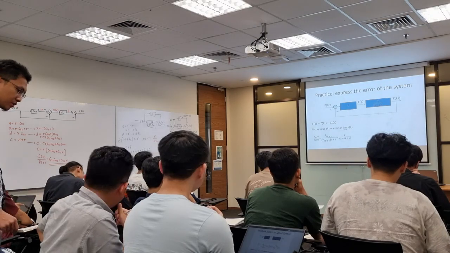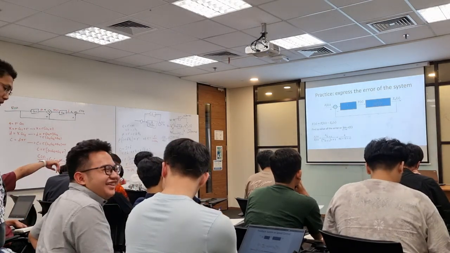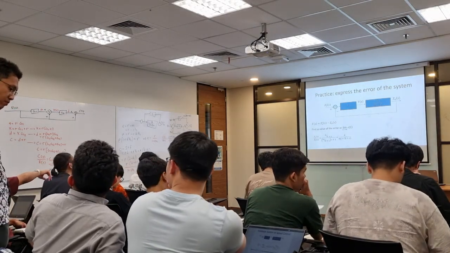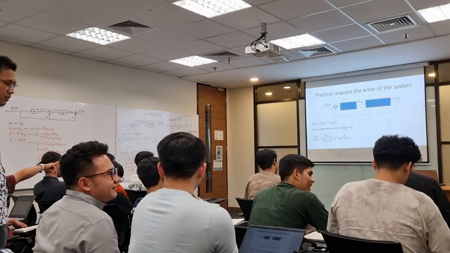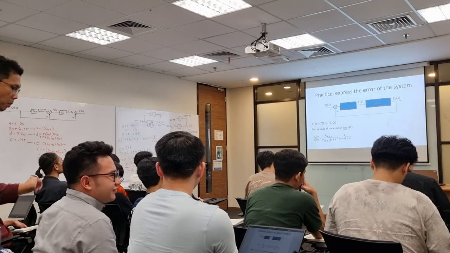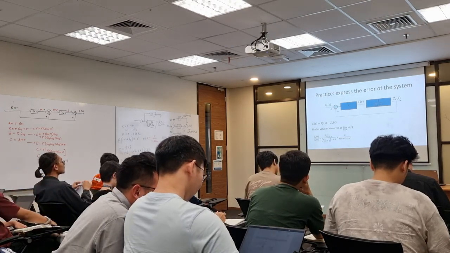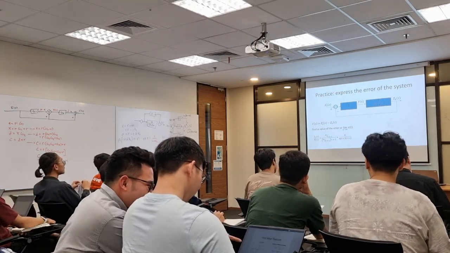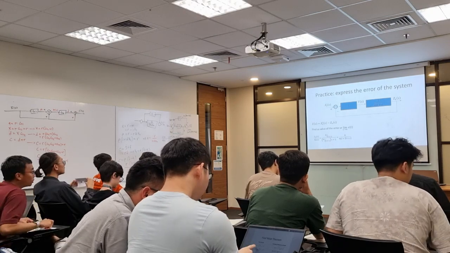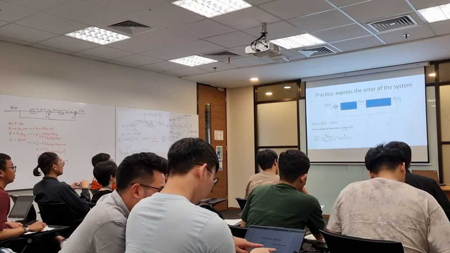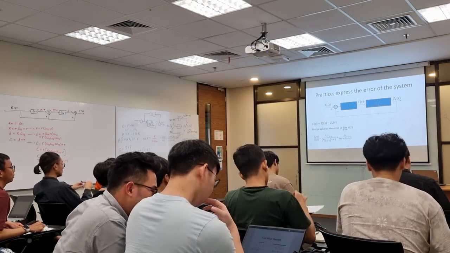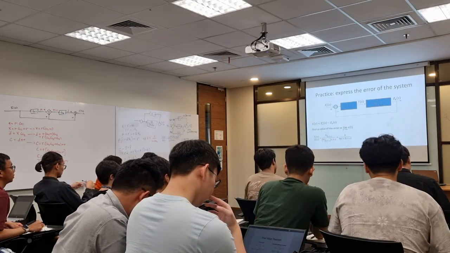Yeah, you find out the steady state value. You use the final value theorem. Yeah, ZP star is a step function, so it's just ZP star over S.